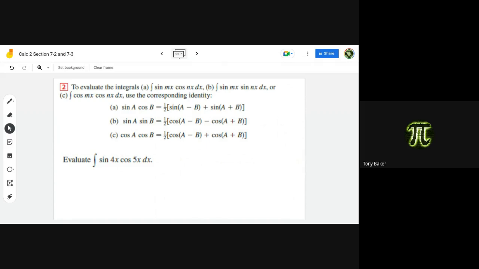So these come into play when you don't have exponents. Notice there are no exponents in these. These are when you have numbers inside, like 4x and 5x.